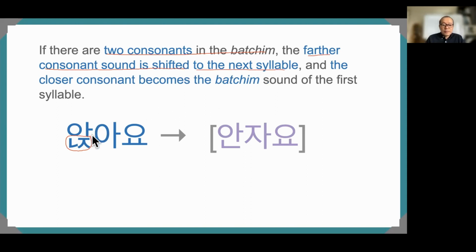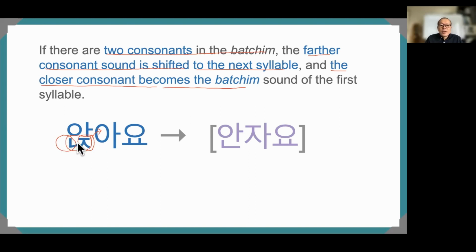So this one, the further consonant sound is shifted to the next syllable, and the closer consonant, this one, becomes the 받침. This one will remain as a 받침.